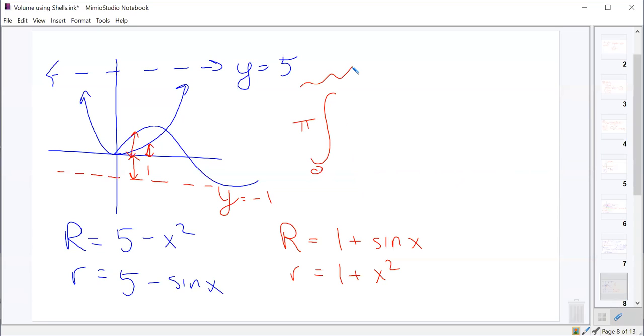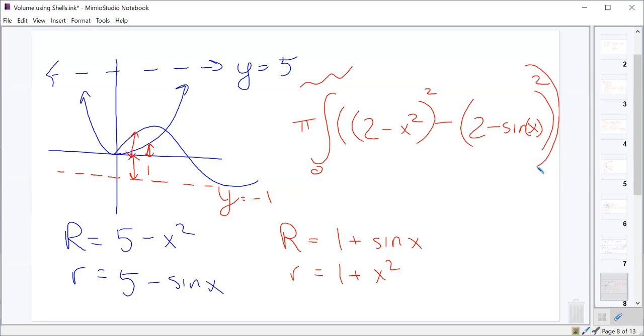You're gonna then type parentheses, 2 minus x squared, you don't need to put the x squared into parentheses, squared, minus, parentheses, 2 minus sine x in parentheses, squared, then a parenthesis outside that to close the whole thing, and then your dx goes outside that parenthesis. That should get you the right answer.